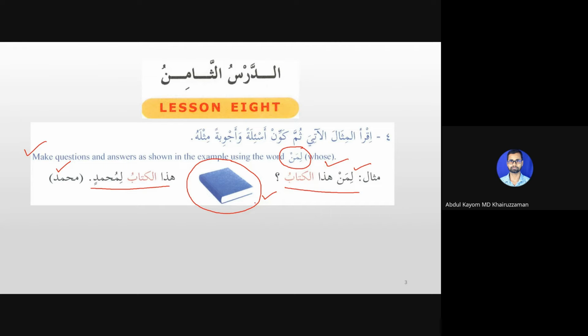So did you understand the construction? Yes. So a picture will be given. We know this is a picture of a book. First, we have to ask the question. So to whom does this book belong? Or we say whose is this book? We say in Arabic like this: Liman hadal kitabu. Hadal kitabu means this book.